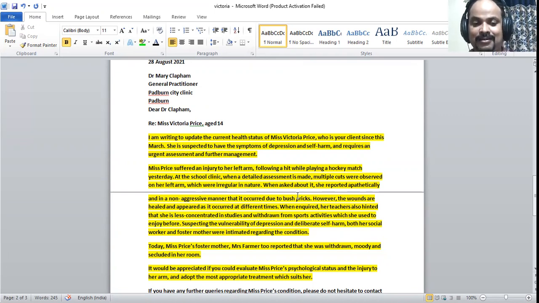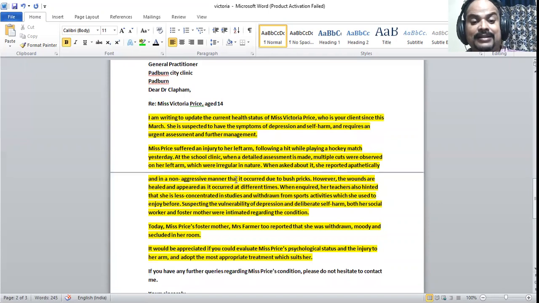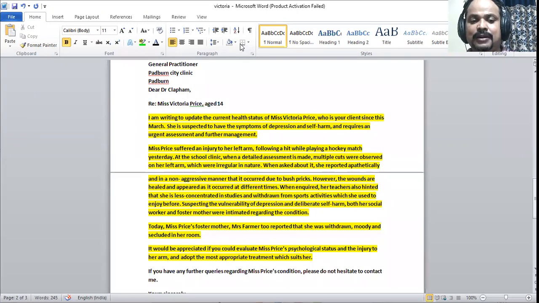It's not in a specific shape or size. When asked about it, she reported apathetically and in a non-aggressive manner that it occurred due to bush pricks. So we have made some changes. How it was there in the case note, it was different. So now we have just reported in a different manner. The matter is the same. However, the wounds are healed and appeared as if they occurred at different times.